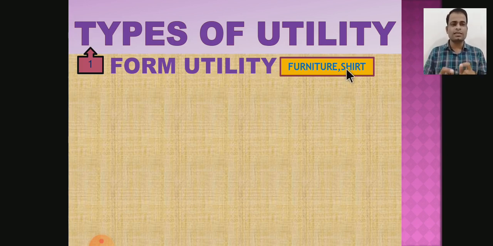When cloth is converted in the form of a shirt, utility will increase in this case. So when the utility of a commodity increases due to change in shape or structure of existing material, it is called form utility. So it is the first type of utility.